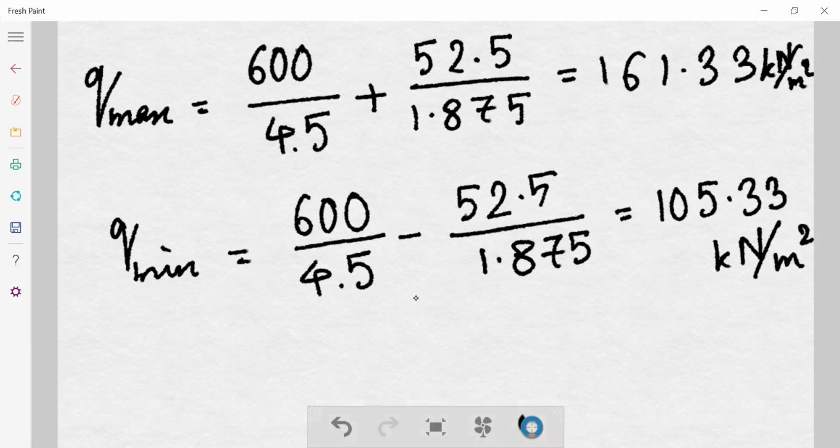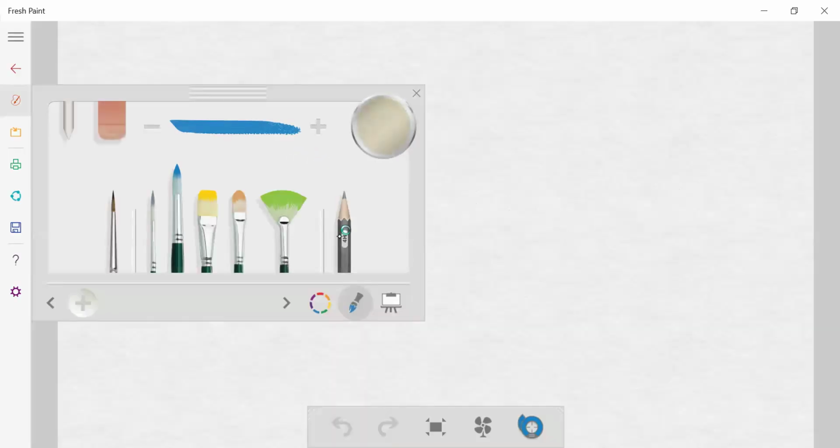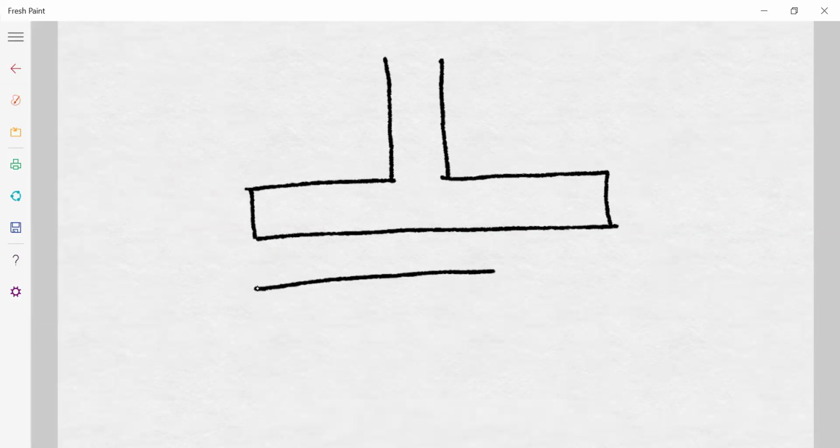So if I try to draw this, in order for you to visualize it much more properly, how will it look like? This is the footing.